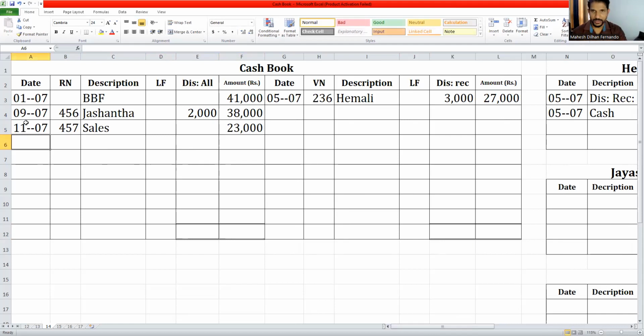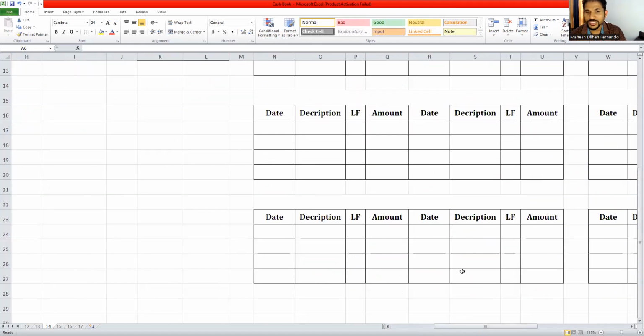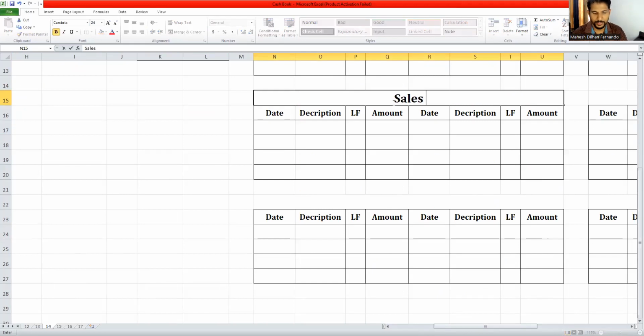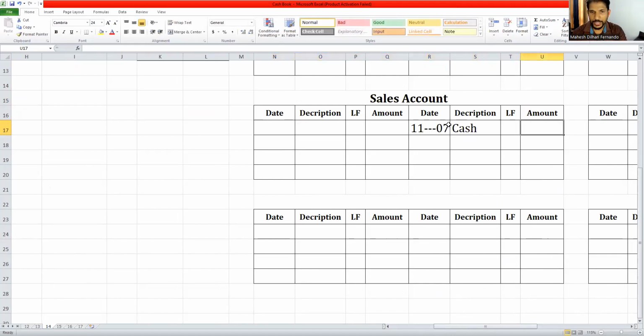Cash book debit. And on the same day, open an account for sales. Sales account. The date is 11th of July. Cash amount is 23,000.